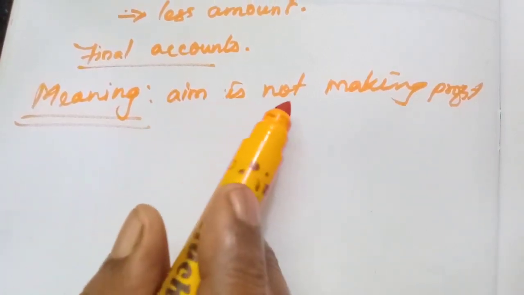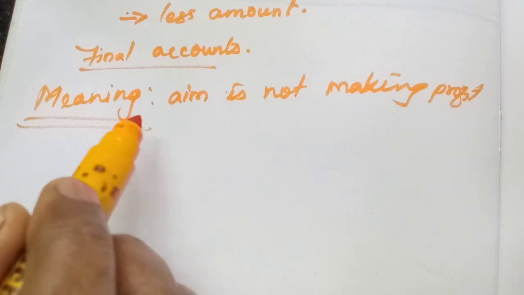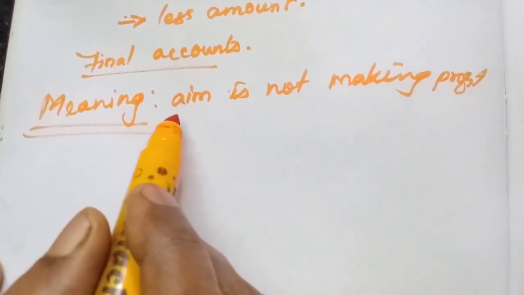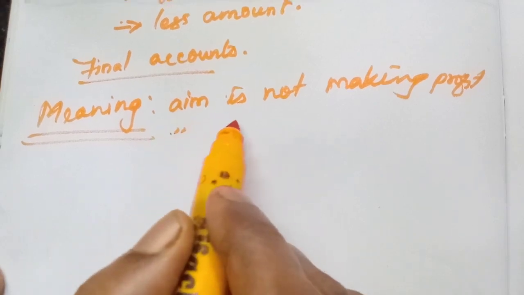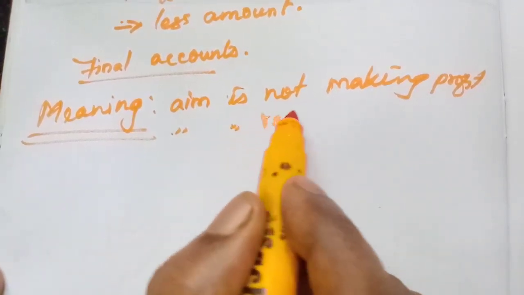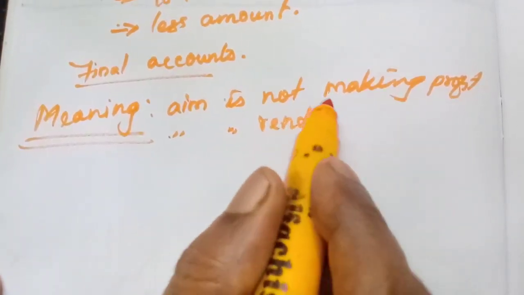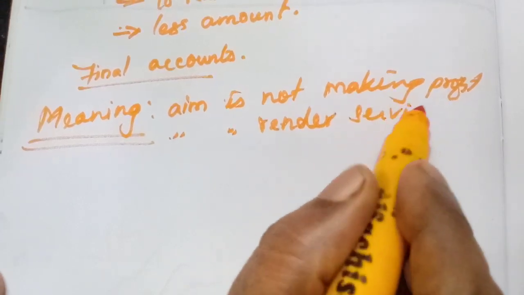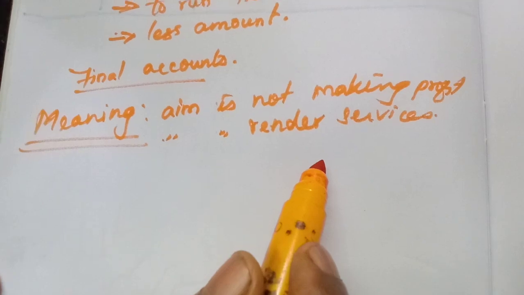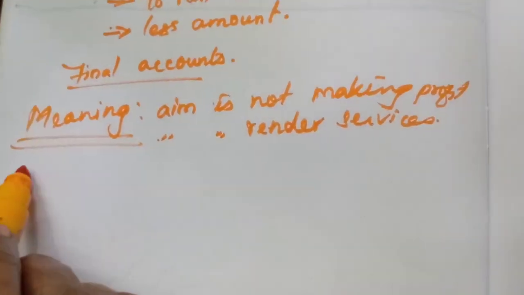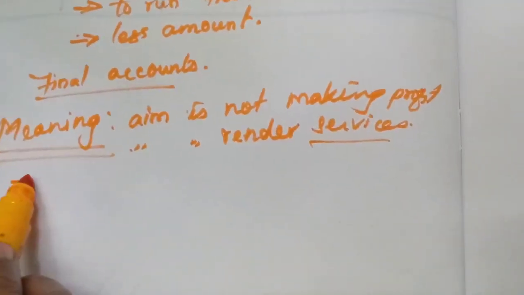If the aim is not making profit, then what is the aim of starting this type of organization? The aim is to render services to the public or society, whoever it is. What type of services do they do?